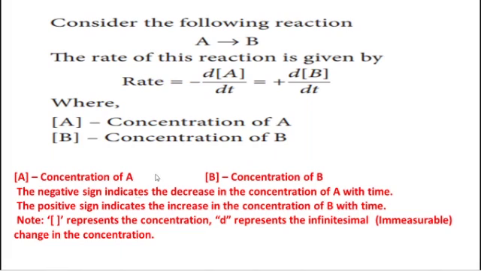The negative sign indicates the decrease in the concentration of A with time. The positive sign indicates the increase in the concentration of B with time.